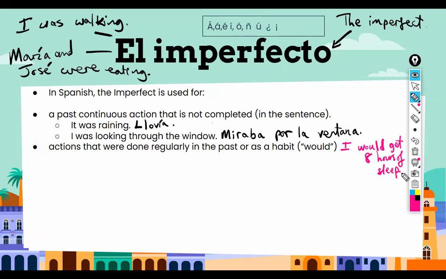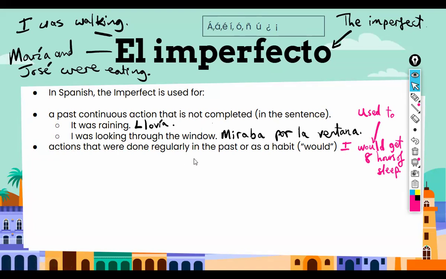Meaning that I used to do it. So in English we say would, but we mean used to, as opposed to would as in the conditional. I would get 8 hours of sleep, but I'm too busy to do that, right? That's explaining the reason why I don't get 8 hours of sleep, as opposed to saying I used to get 8 hours of sleep. I would get it back in the day, right?